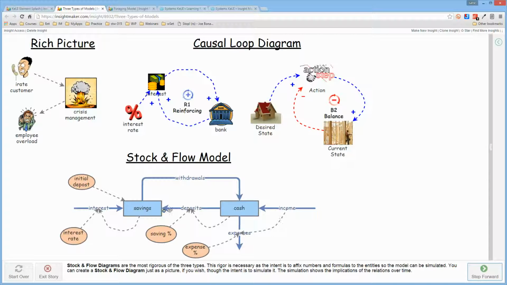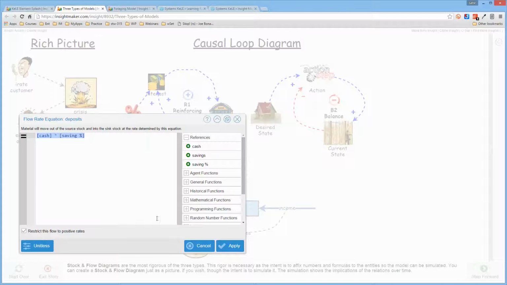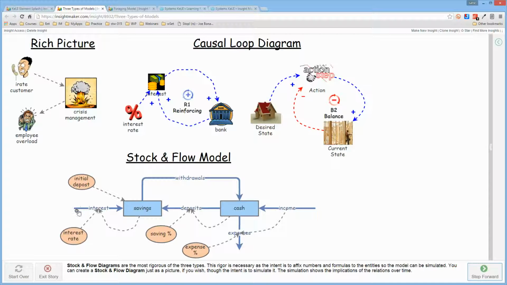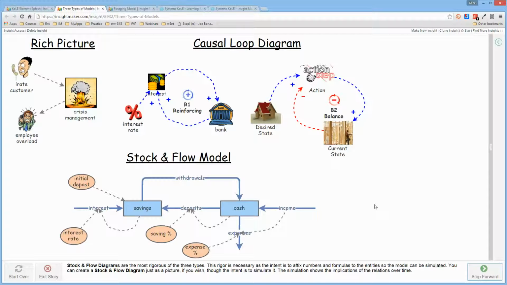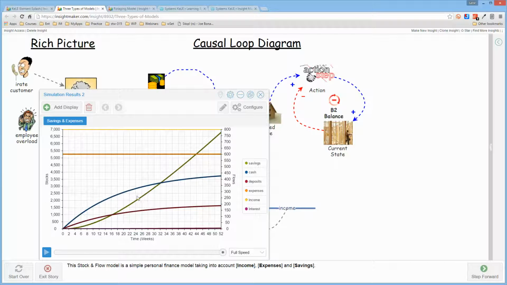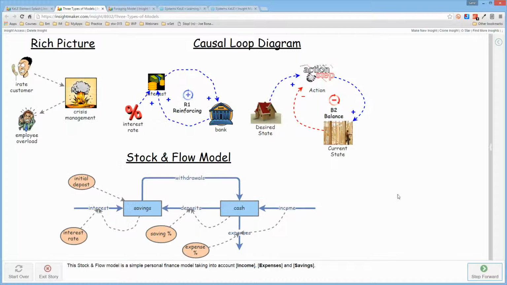Within each one of these entities or elements, there are actually equations that define how the model operates as it unfolds over time. And when this is actually simulated, it shows you the way that savings increases in cash over time. So those are the three types that you will run into most often.